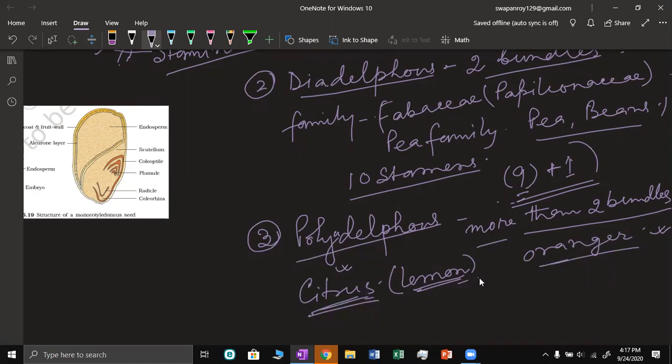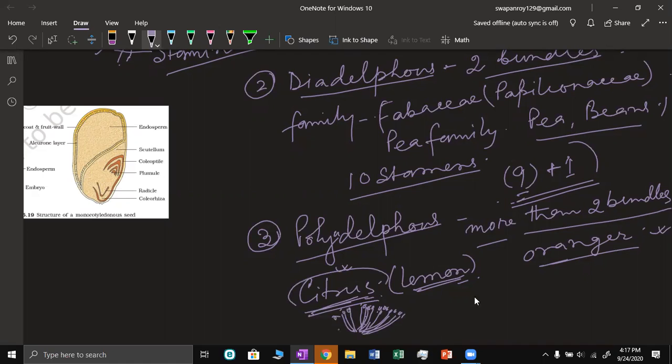So they are the citrus fruit. In these, the stamens are many, and these many stamens are grouped. The stamens are in 4 to 5 groups. Okay, the filaments are united. This is found in citrus.